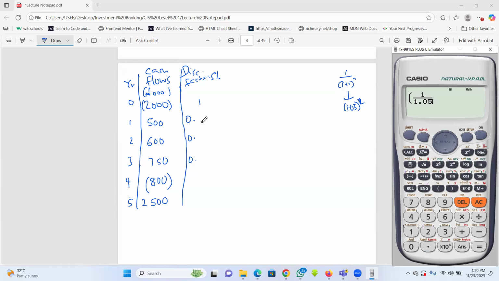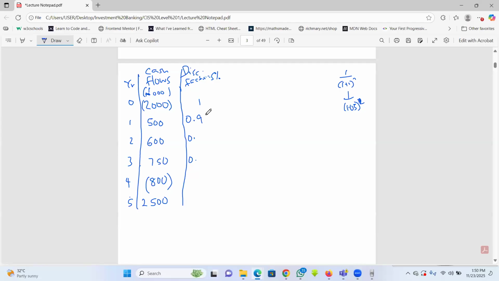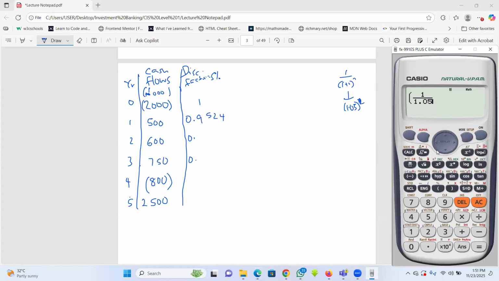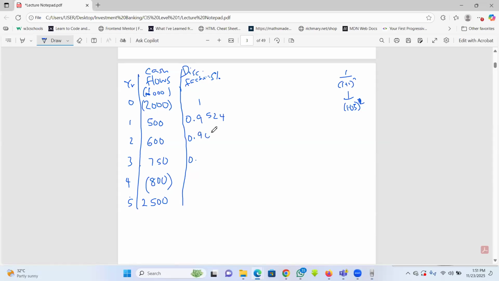0.95. 4 decimal places, please. 0.9524. Raised to power 2, 0.907. Okay, go on.